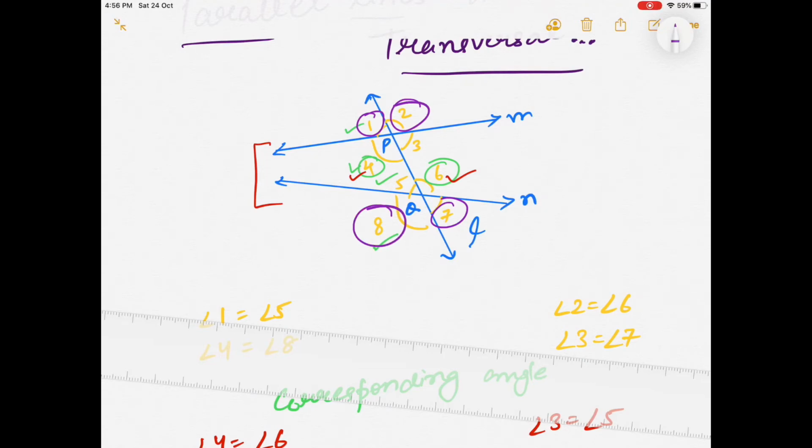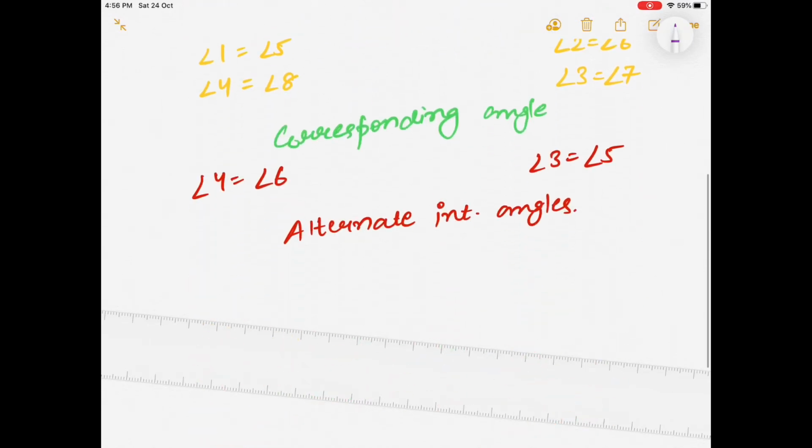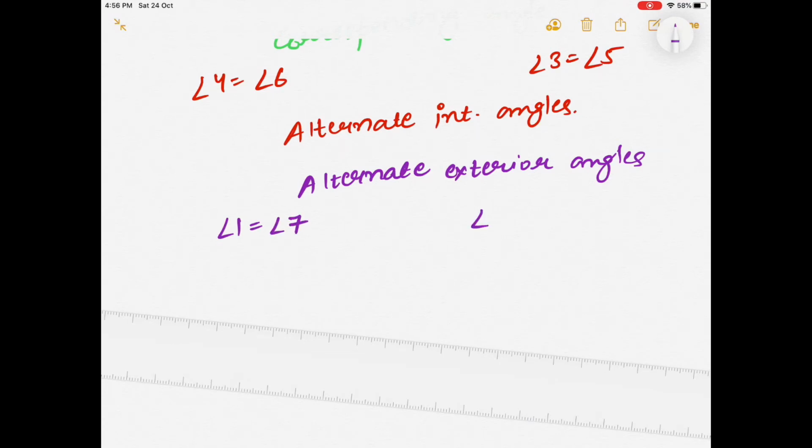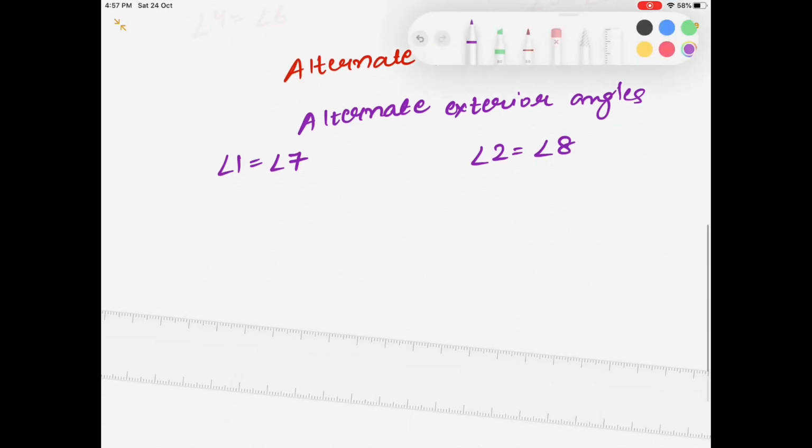Alternate because one angle is getting formed at LHS and the other is getting formed at RHS, and because these angles are getting formed at the exterior parts of both of these lines M and N, these are called alternate exterior angles. Angle 1 is equal to angle 7 and angle 2 is equal to angle 8.